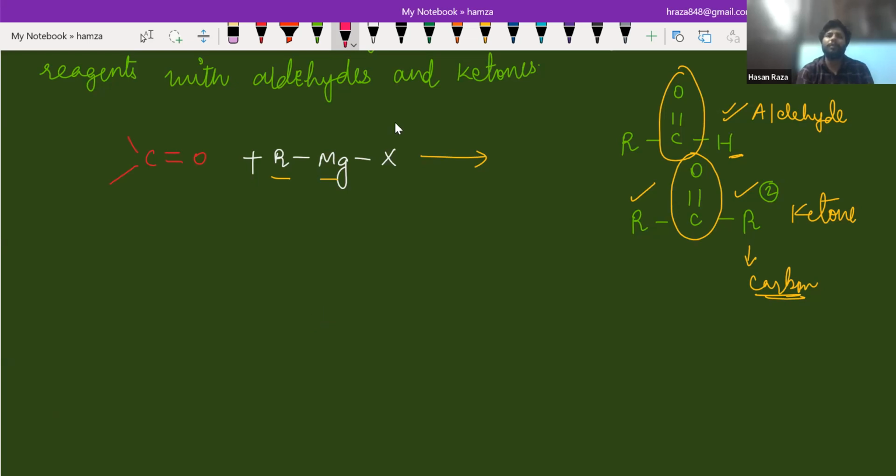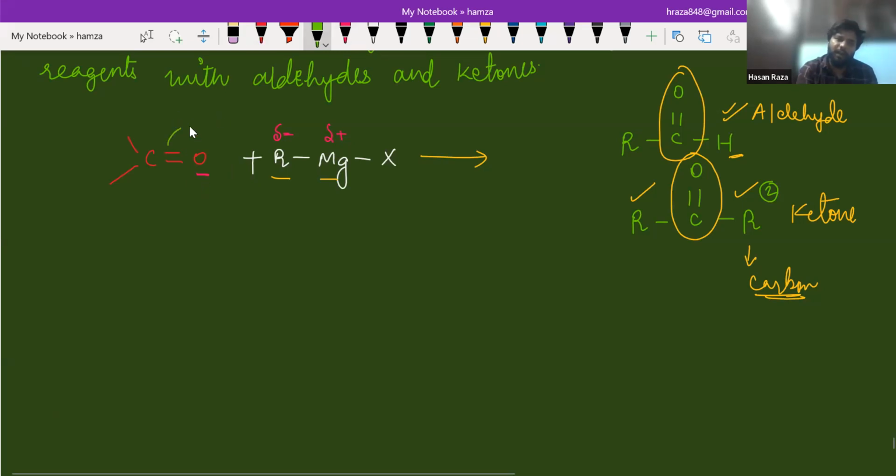Basically, R, that means carbon, is a non-metal, and non-metal is electronegative. That's why there will be delta negative, and metal is electropositive. It will easily donate its electron. That's why delta positive.